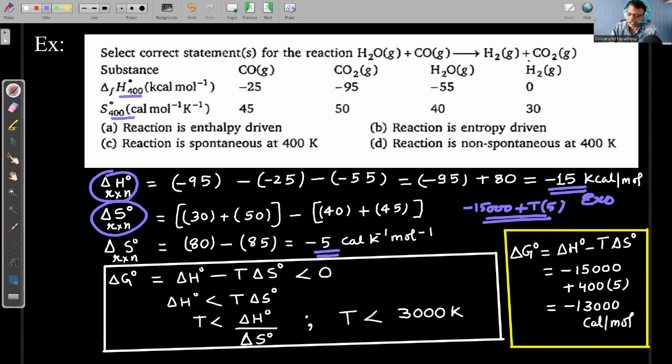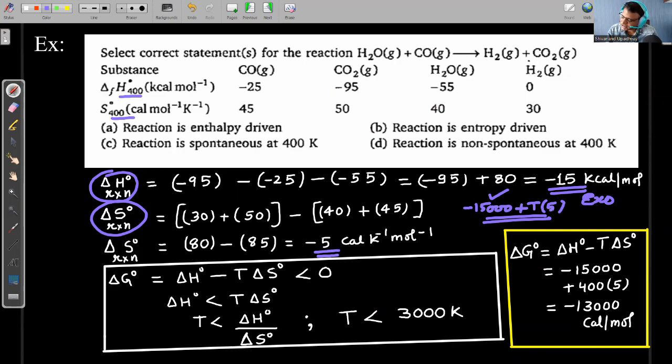So if the question first asks whether the reaction is enthalpy driven or entropy driven, you should know that an exothermic reaction is an enthalpy driven process. Because this is exothermic, because of delta H, this reaction will be spontaneous, not because of the entropy change, right? The entropy change may be positive, may be negative.